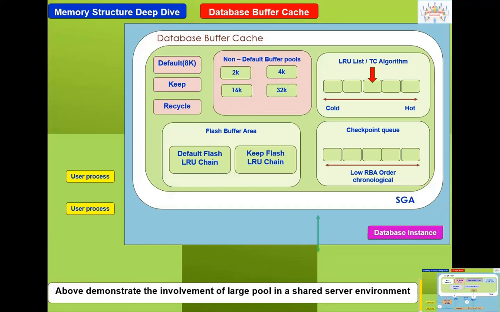The role of the shared pool, how it links to the buffer cache and the redo log buffer, how the log writer and DB writer work when a commit happens, and how the checkpoint works. Everything has to be put in one place so we get the entire picture. Those are the upcoming sessions.